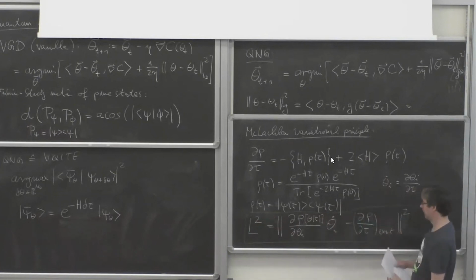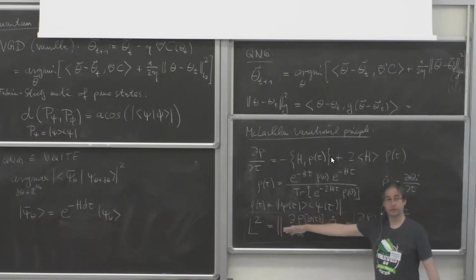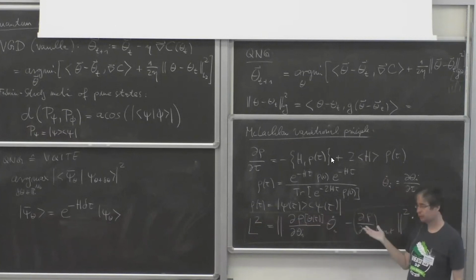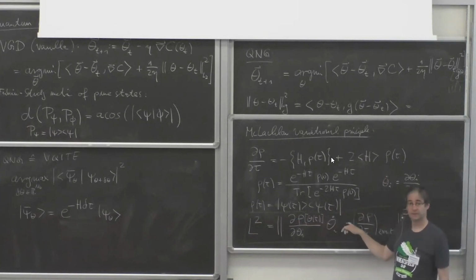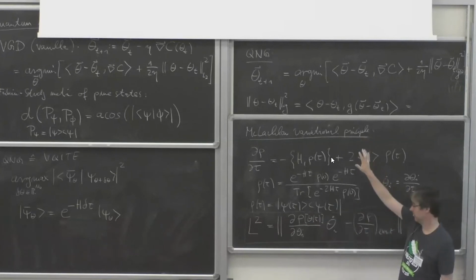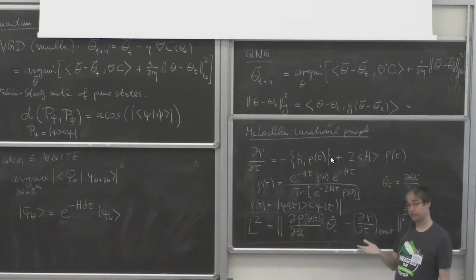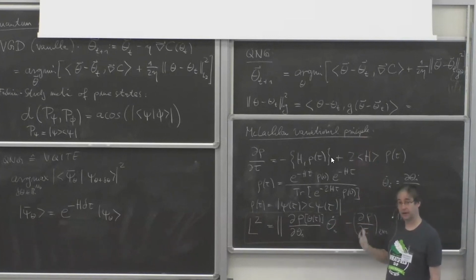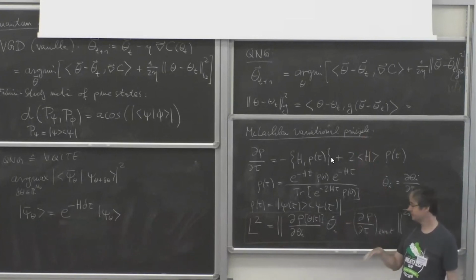If I minimize that norm variationally, I can derive an equation of motion for the thetas. If I follow this equation of motion, which I will write down in a second, it's exactly the same as up there. If I solve that equation of motion classically, it will describe a path in parameter space, and I'm guaranteed that along that path this distance is minimized.